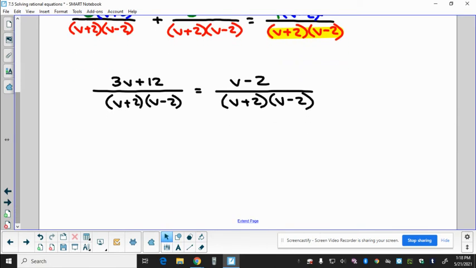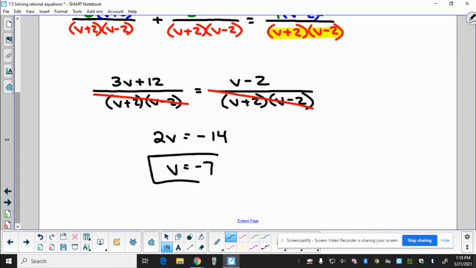Now we can use the property of equality. How about I subtract a v, subtract 12, divide by 2, got my answer. Let's try another.